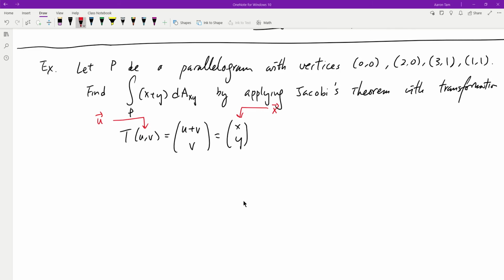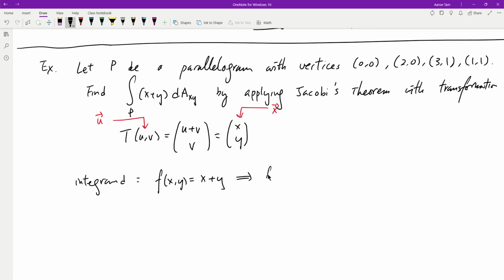So according to the Jacobian theorem, what we need to do is change three things: integrand, differential, and region of integration. So let's go through all three of them. The first thing I need to do is change the integrand. That's probably the easiest thing to do, which is to simply plug in the transformation. Our function based on our integrand is f of (x, y) equal to x plus y.